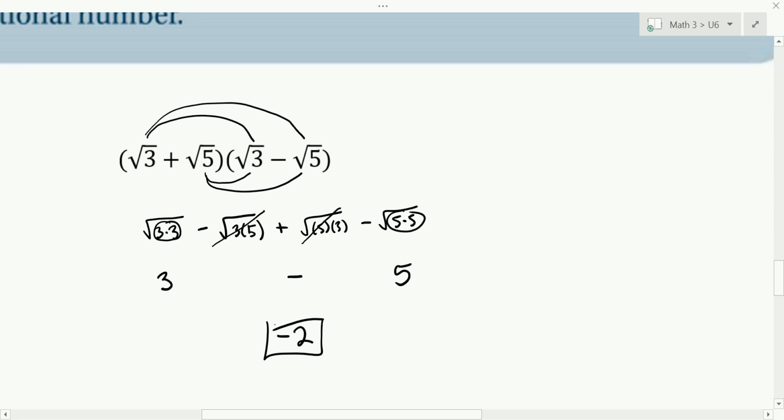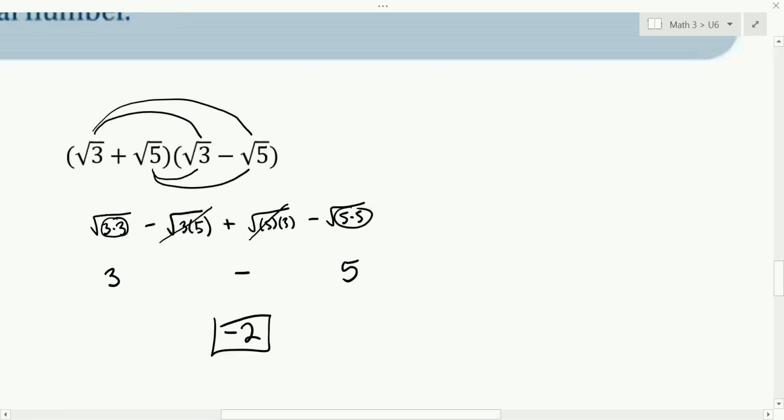Just to give you a hint where this might be helpful is if we have a fraction like this, 1 over square root of 3 plus the square root of 5, and I say to rationalize that denominator, you've got to come up with what we should multiply by. What are you going to choose?